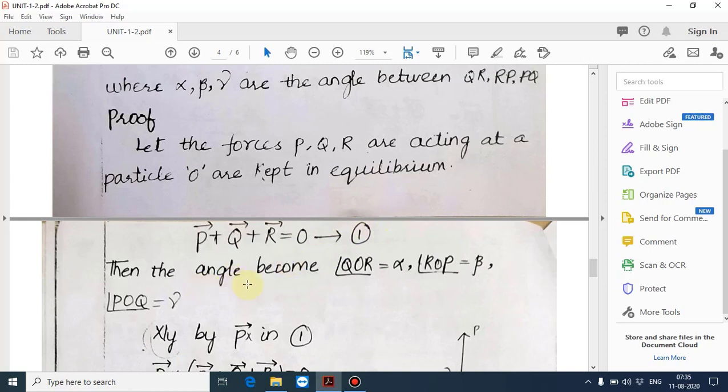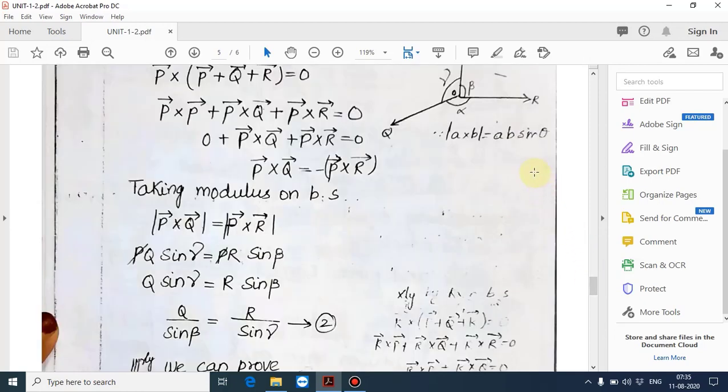Then the angles between them; you see the diagram, then only you can understand. P, Q and R at a particle O. Angle QOR is equal to alpha, angle ROP is equal to beta, and angle POQ is equal to gamma.